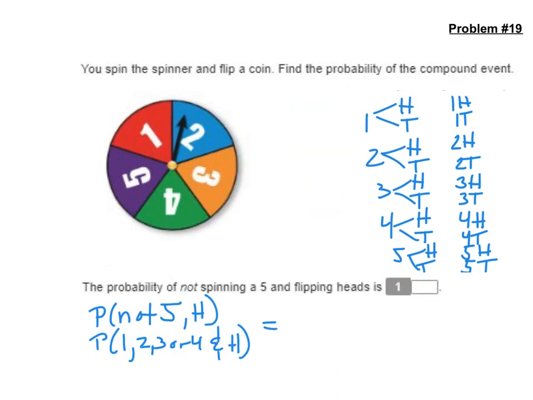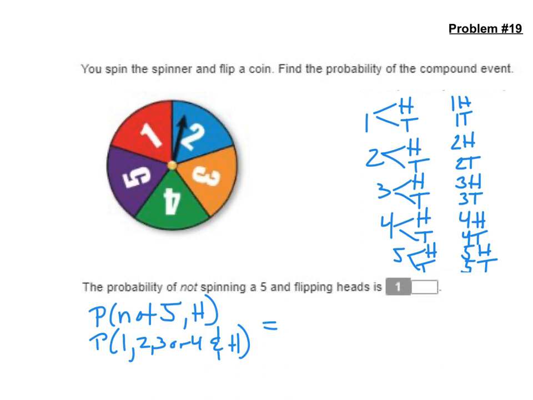All right, new question. Same spinner and coin. This time you're looking for the probability of not spinning a 5 and flipping heads. So probability of not 5 means that you're looking for the spinner landing on a 1, a 2, a 3, or a 4, and one of those numbers plus heads.